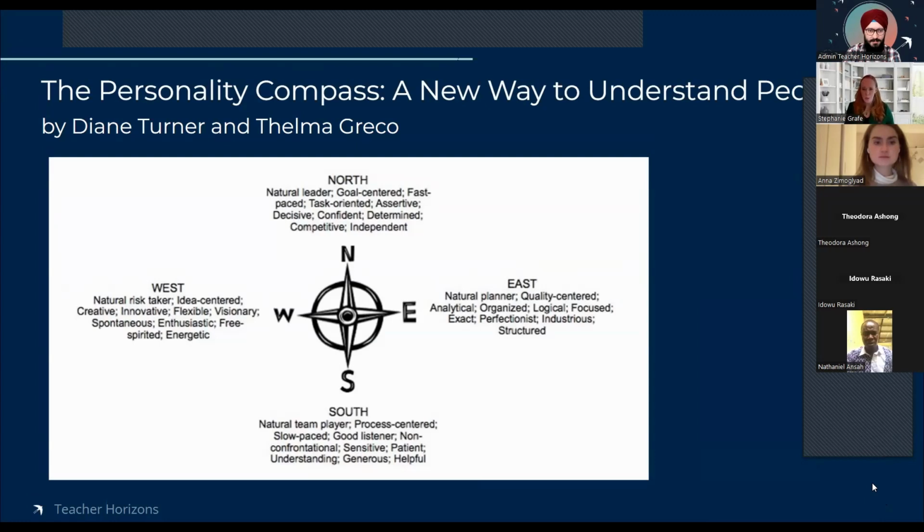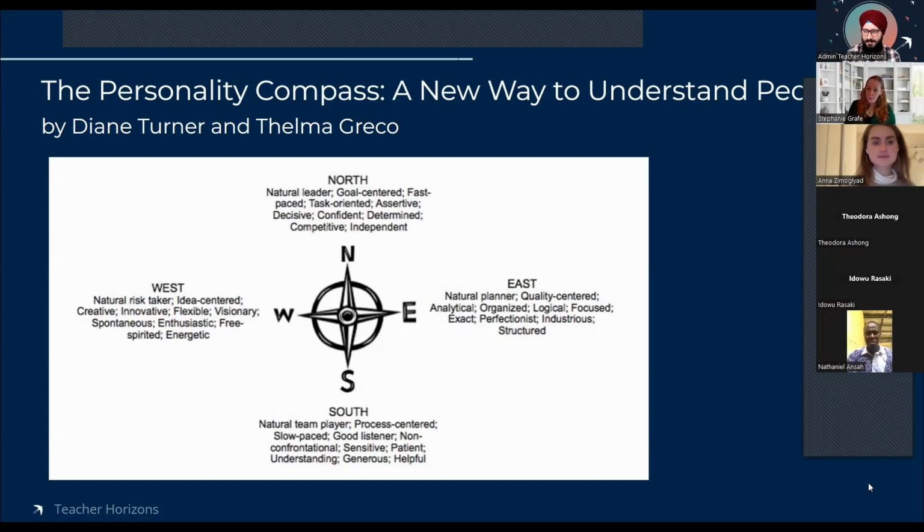If you are a North person, you are the one who is full of action, going straight for the attack on what things need to get done. You are proactive, you sprint ahead. If you are more of an East person, you like to see the bigger picture before making decisions. You are probably doing all those lesson plans, medium-term plans, seeing that big goal and how you're going to get there.